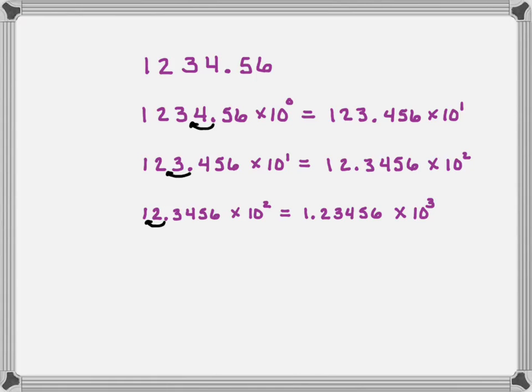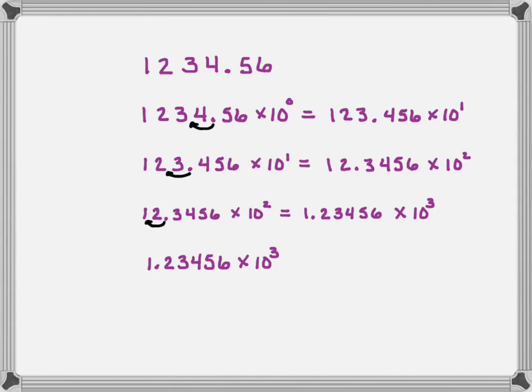If I move it over one more space so that it is between the 1 and the 2, what I get is going to be equal to 1.23456 times 10 to the 3rd. Again, I have increased the exponent each time I've moved the decimal place over.